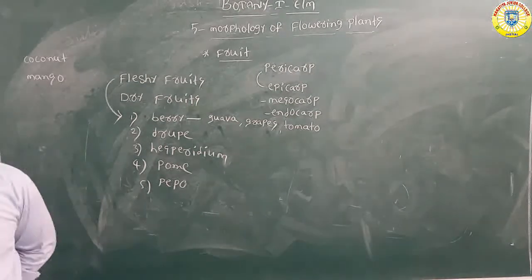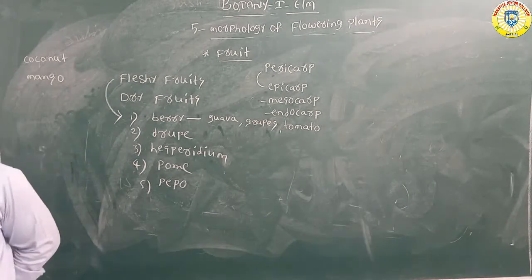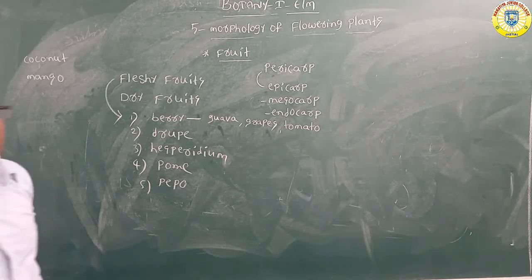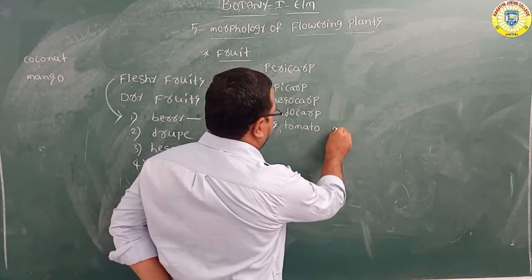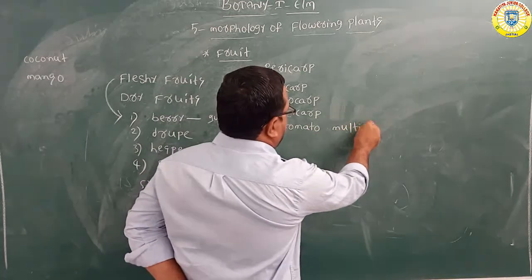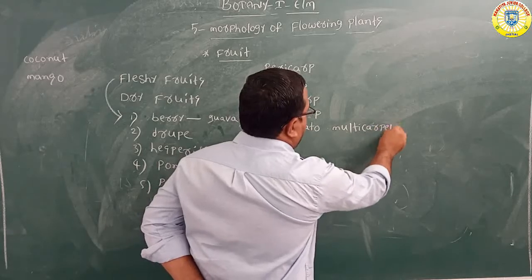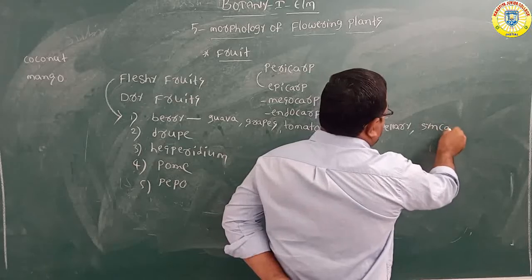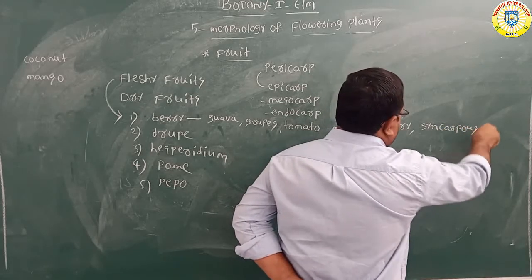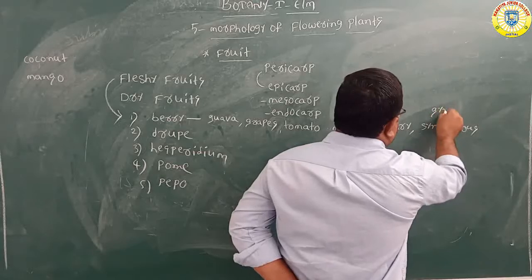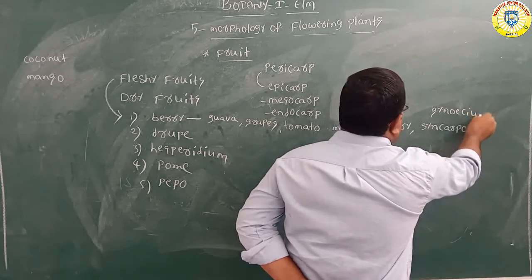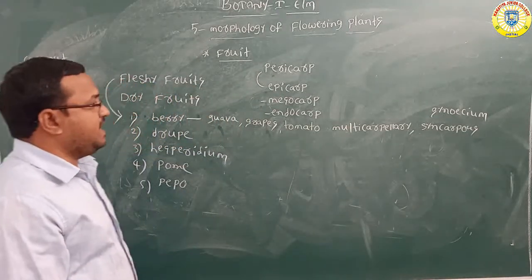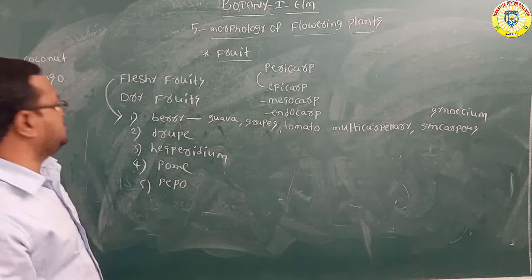Generally, how are these berries developed? These berries are developed from a multicarpellary syncarpous gynoecium.